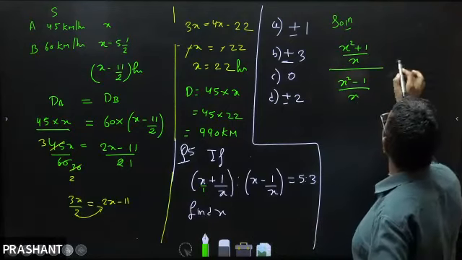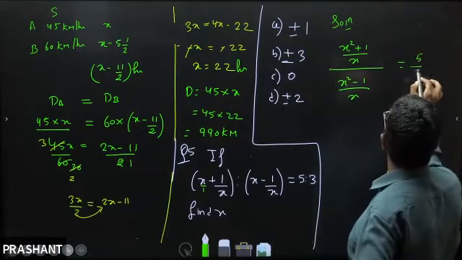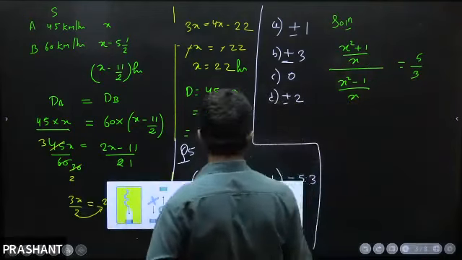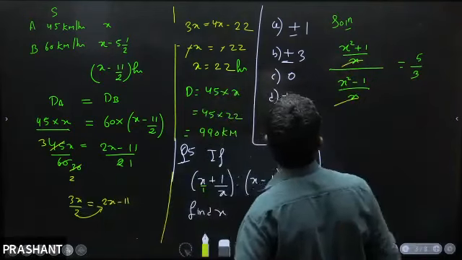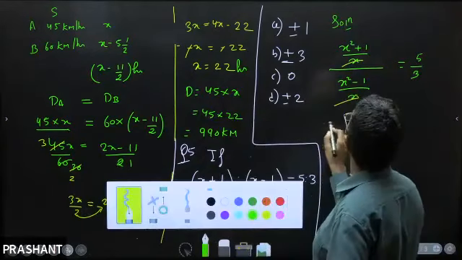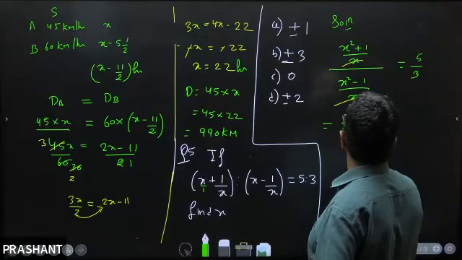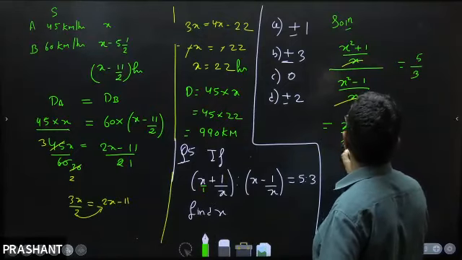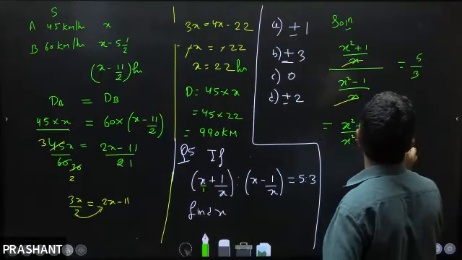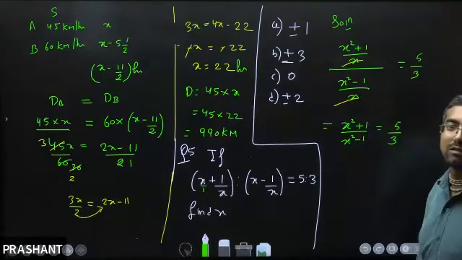Is equal to 5 upon 3. So you can cancel out the denominator. So what remains here is x square plus 1 upon x square minus 1 is equal to 5 upon 3.